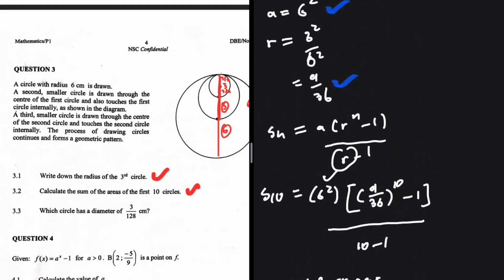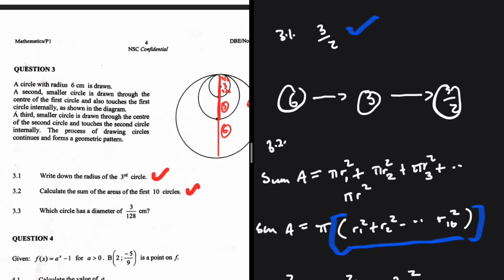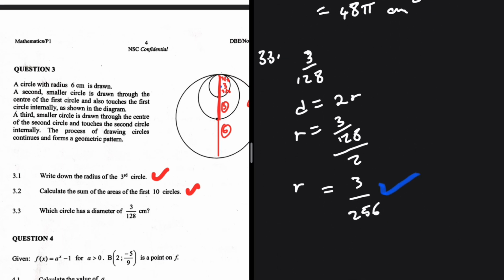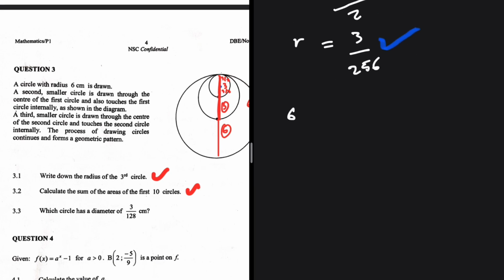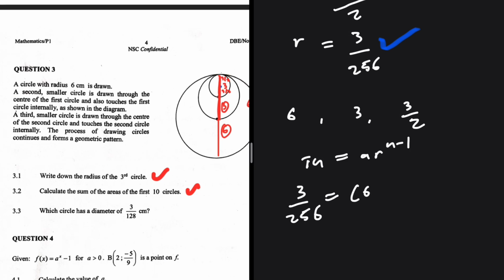We have to go back to this sequence that is made up of the radiuses, because the first radius is 6, followed by 3, followed by 3 over 2. And we know fully well that Tn is equal to Ar to the n minus 1. So we're looking for a radius which is 3 over 256. A is the first term, 6.